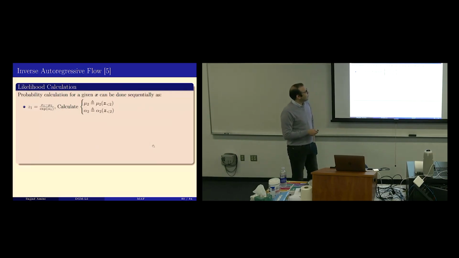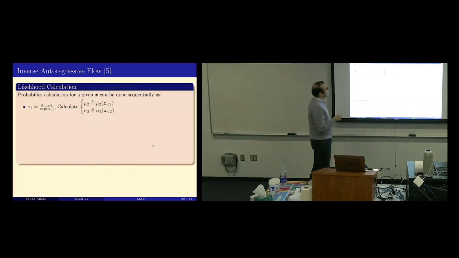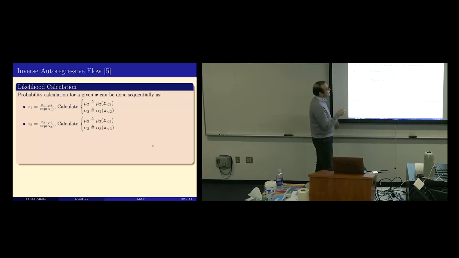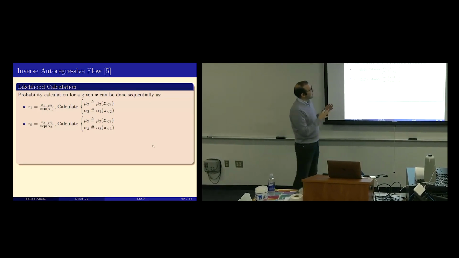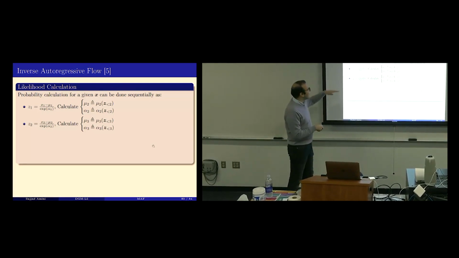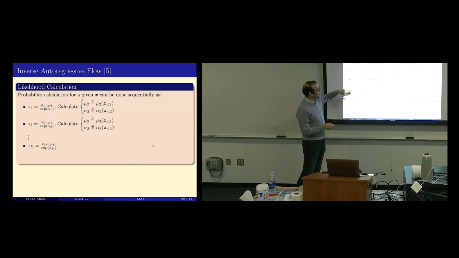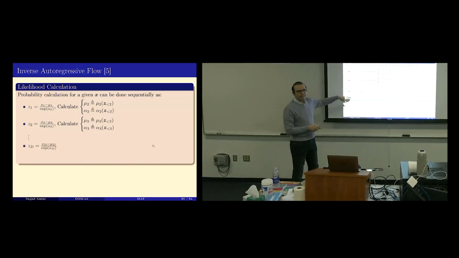But the likelihood calculation has some problems. How? Because in likelihood calculations, first you should calculate Z1 from X, then based on Z1 you can calculate mu2 and alpha2, and having access to mu2 and alpha2, then you can calculate Z2. Without access to mu2 and alpha2, you cannot calculate Z2. It is exactly similar to sampling in the previous part. The likelihood calculation here is sequential.